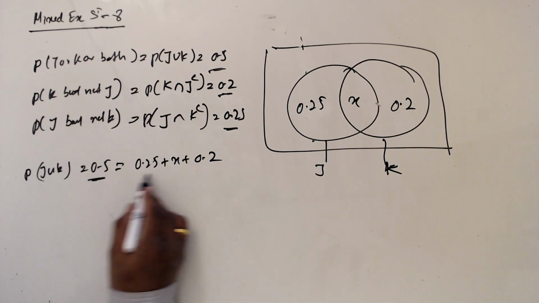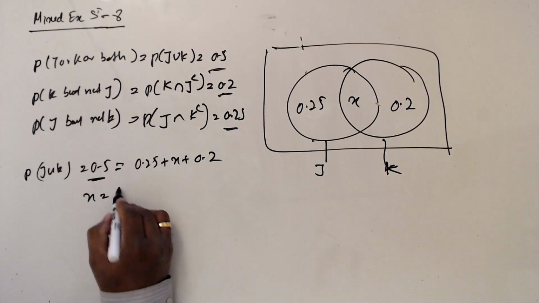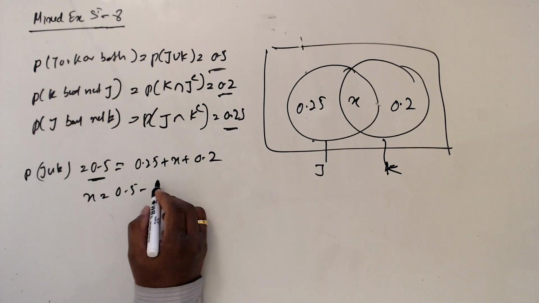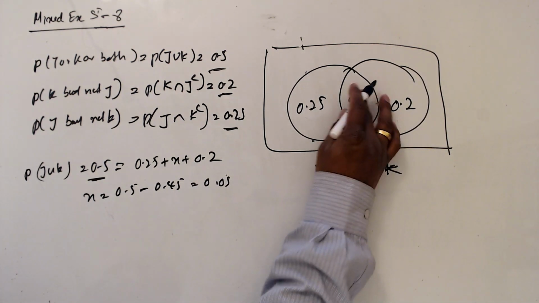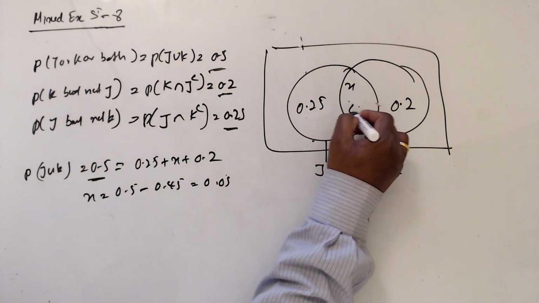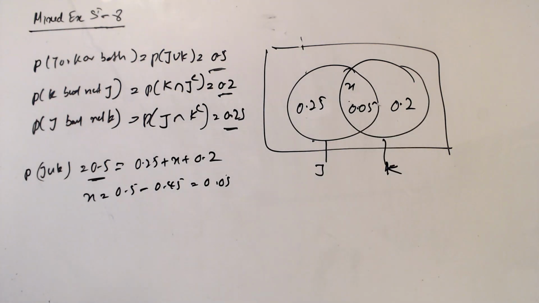So X value is 0.5 minus 0.45. So 0.05. So this value is 0.05.